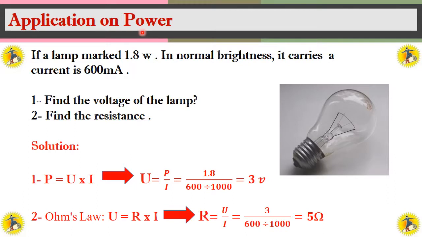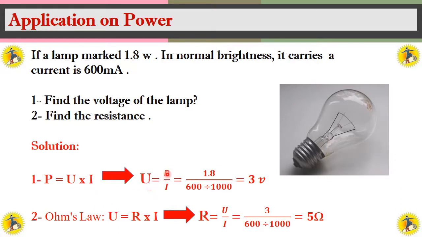Application on power. If a lamp marked 1.8 watt in normal brightness carries a current of 600 milliampere, find the voltage of the lamp. First I have the power and current, and we know that P equals U times I. So if we divide power over I, we will get the value of the voltage.